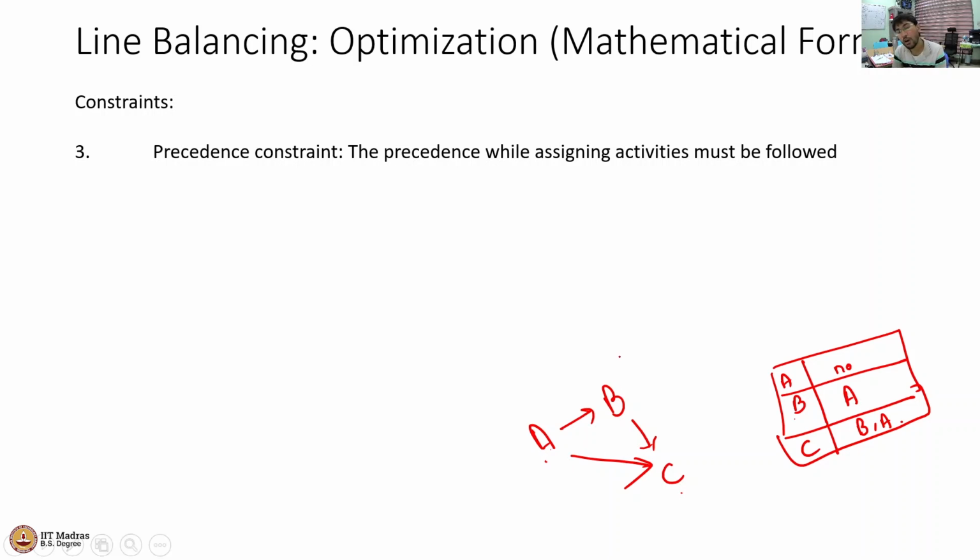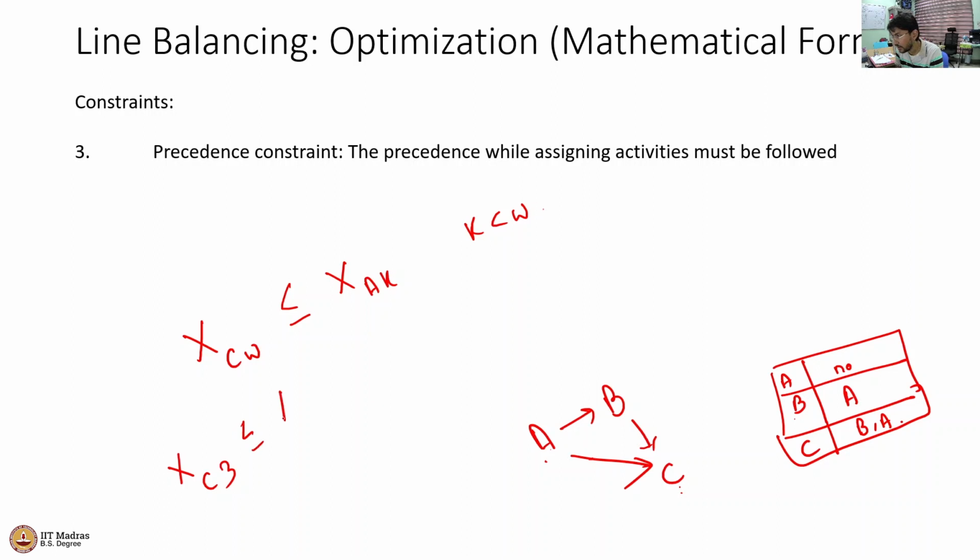So in such a scenario, how will I ensure that when activity C is assigned, A and B are completed? In whatever station activity C is assigned, that is where it is going to be 1. If it has to be 1, then I must ensure that A is assigned in any station K such that K is less than W. As an example, let's say I assign C to workstation 3.